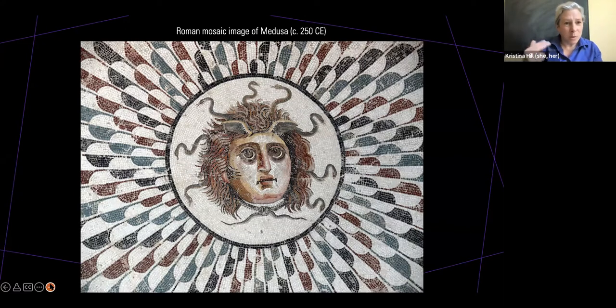There are lots of worlds represented here, and the snakes in her hair are a representation of that entanglement, something else that Donna Haraway brings up in her discussions of what it means to be living in our time. And she writes that we're not really in an Anthropocene, we're in what you might call a Medusa scene. We're in an era of entanglement.